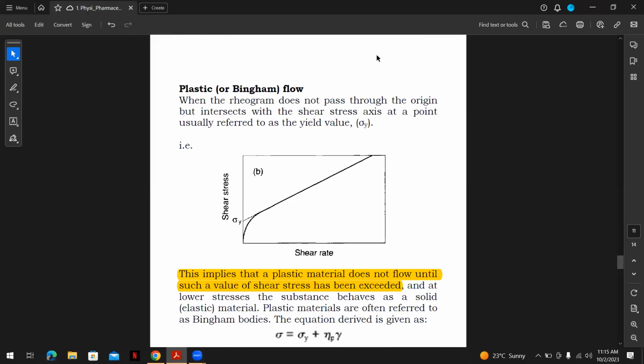It's a straight line, but it doesn't start at the origin. When it's extrapolated, we get the yield value.